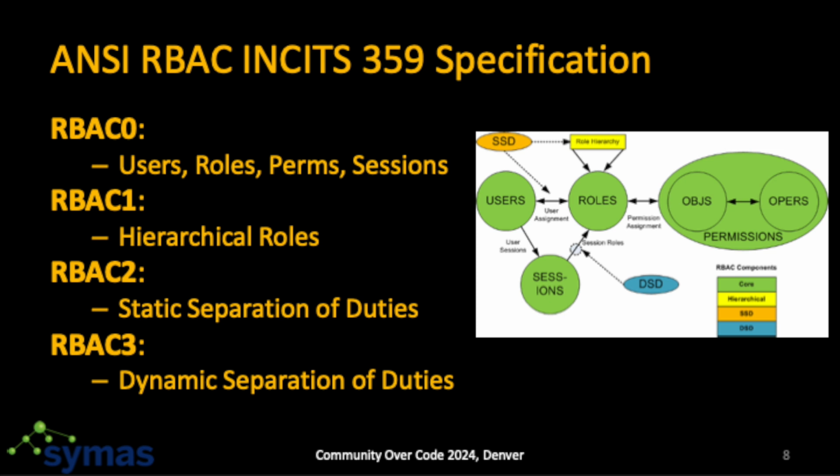Okay, RBAC 0 is referred to as the core, and that is users, roles, permissions, and most important, sessions. Okay, and sessions, we're going to get to that, so put that in your back pocket. And then you have hierarchical roles, which is useful but not really always done, and that's more of an administrative trick.